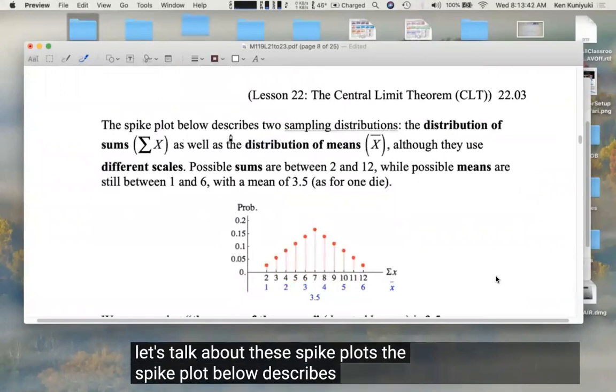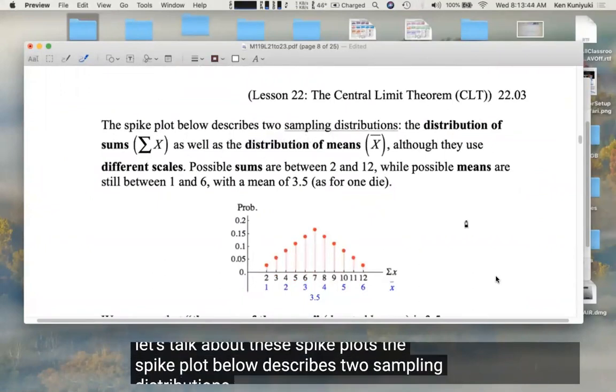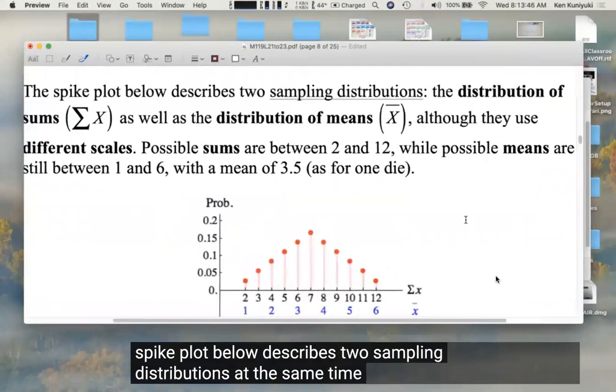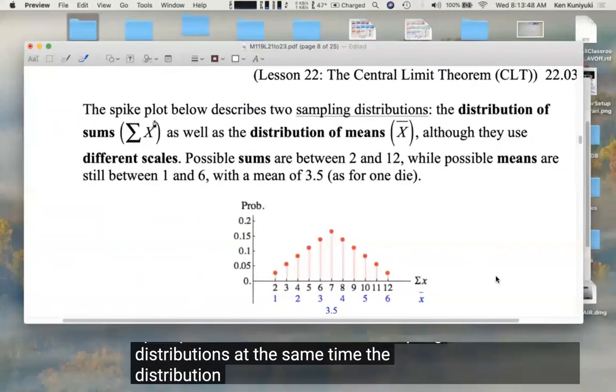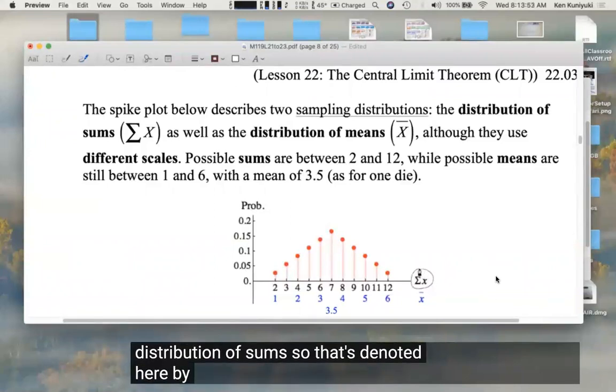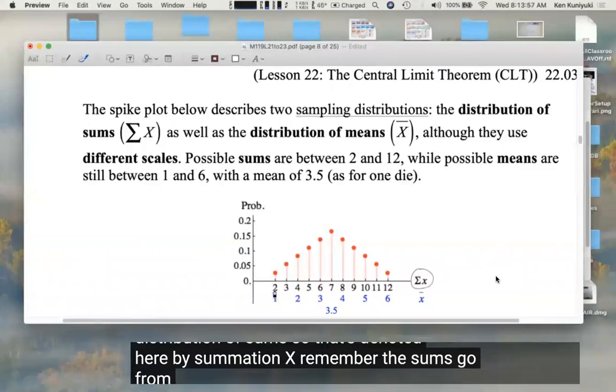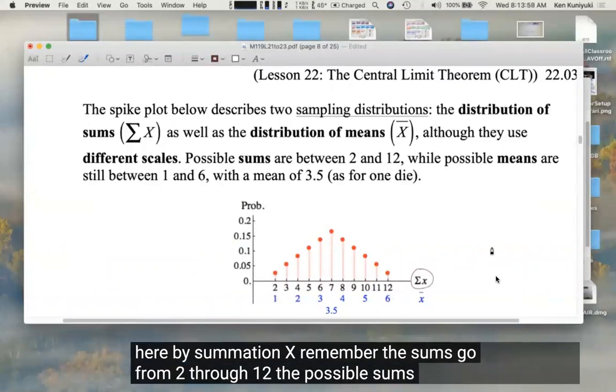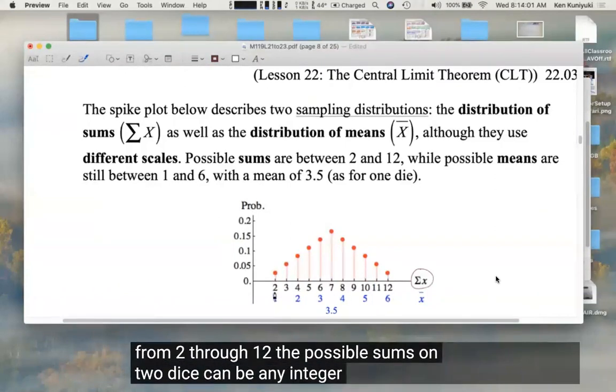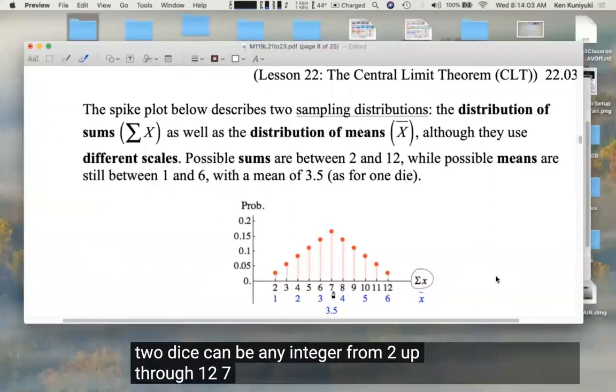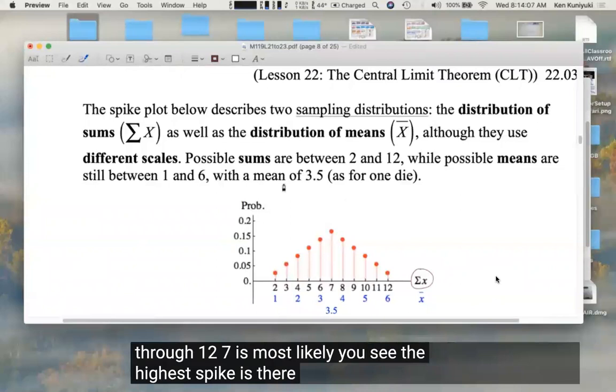The spike plot below describes two sampling distributions at the same time. The distribution of sums, so that's denoted here by summation x. Remember, the sums go from 2 through 12. The possible sums on 2 dice can be any integer from 2 up through 12. 7 is most likely. You see, the highest spike is there.